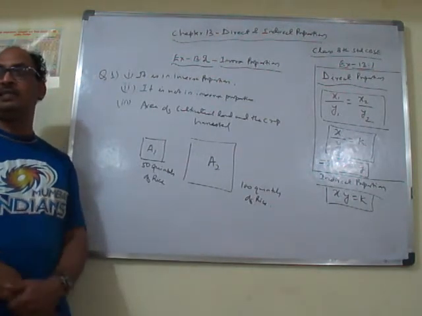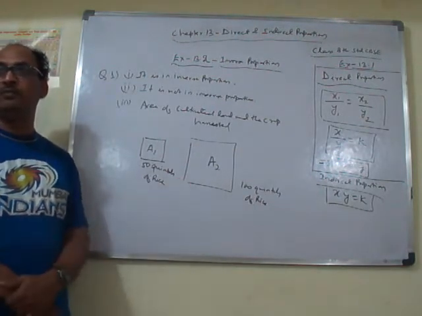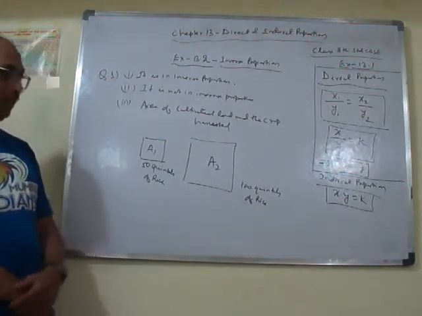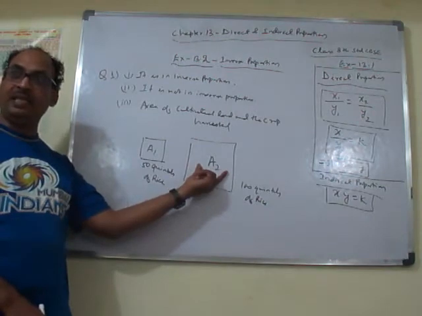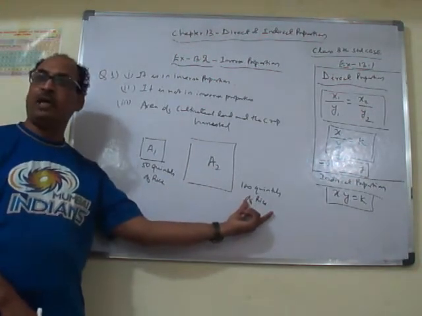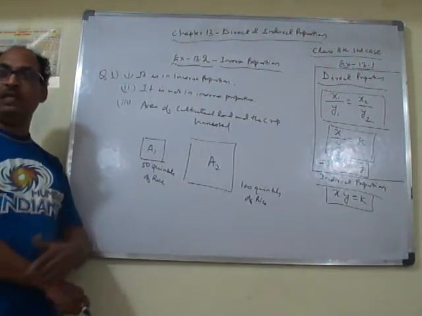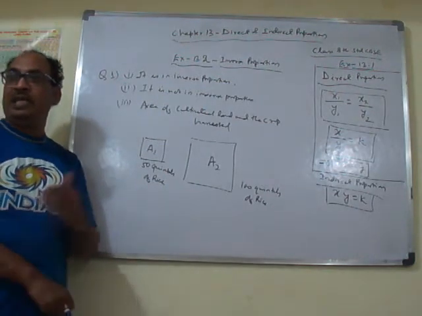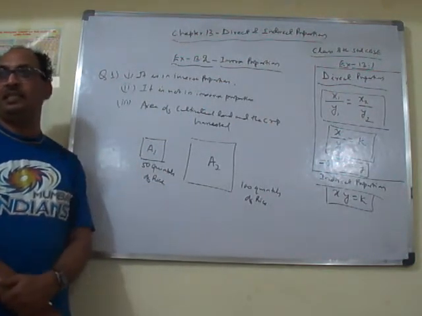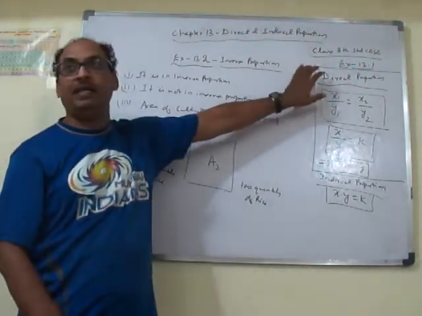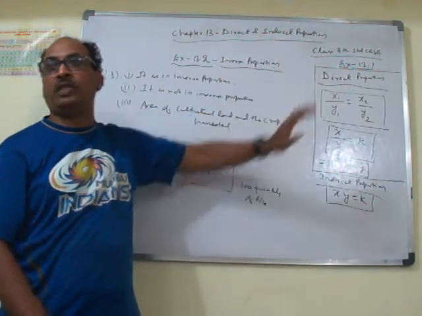So in this case, what type of relation is it showing? Because if area is increasing, crop harvested will increase. If area is decreasing, crop harvested will decrease. So increase-increase, decrease-decrease relation is there. It means this relation is satisfying the criteria of direct proportion.